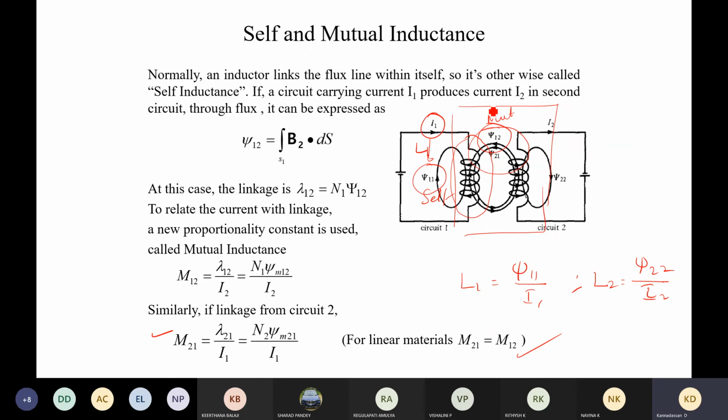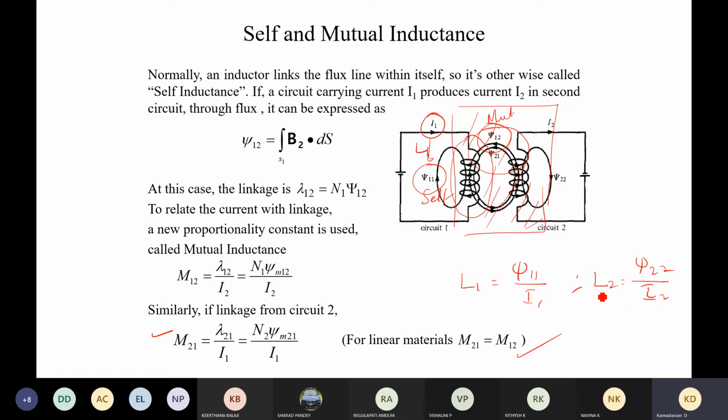Nowadays this particular structure is used as a transformer, so people use transformer oil. If the transformer oil is linear, then that holds; otherwise some polarized materials will stop the magnetic field in a particular direction. That kind of property is very useful in many communication purposes, where such structures are referred to as isolators.